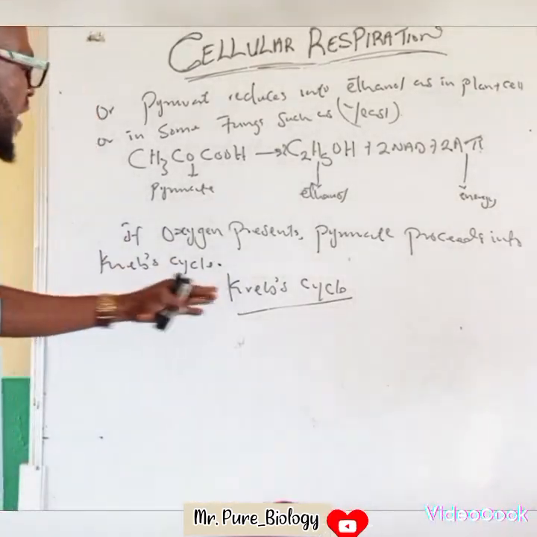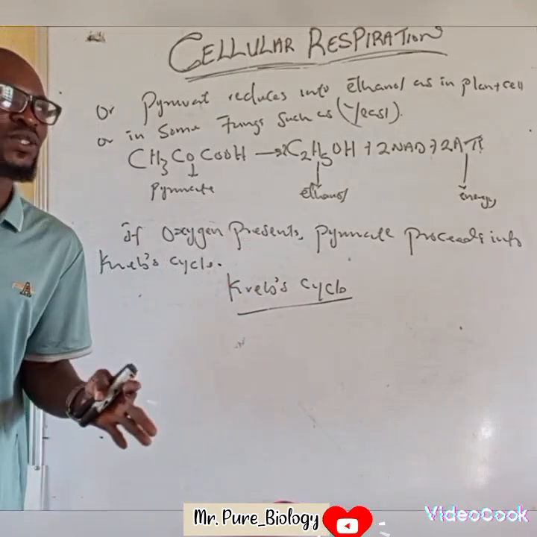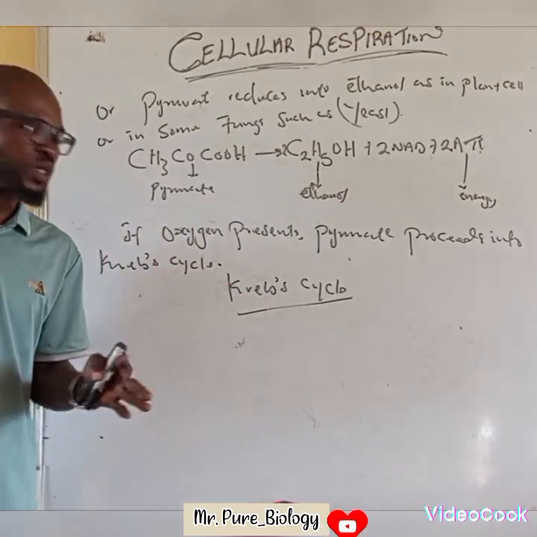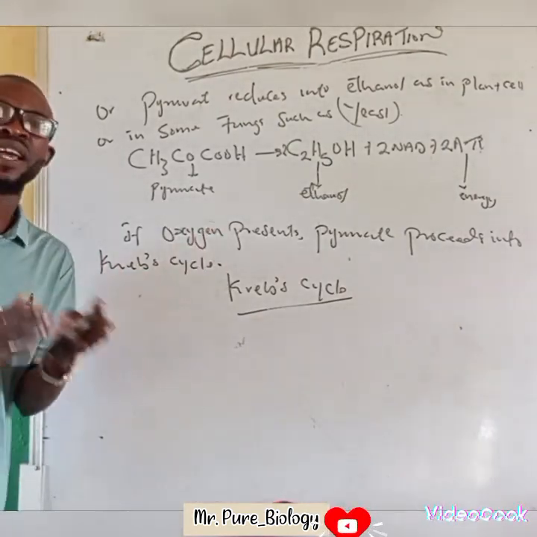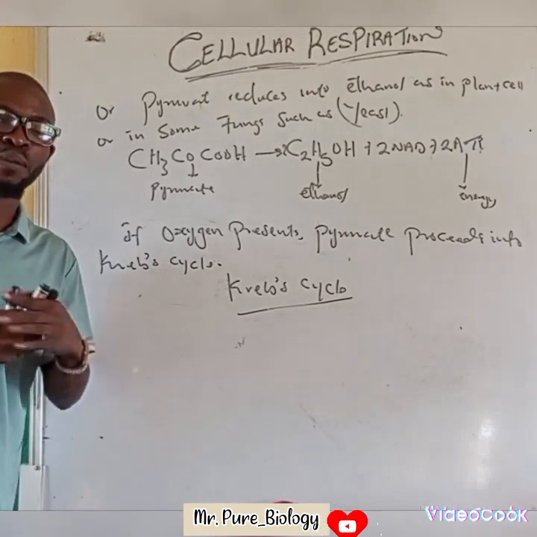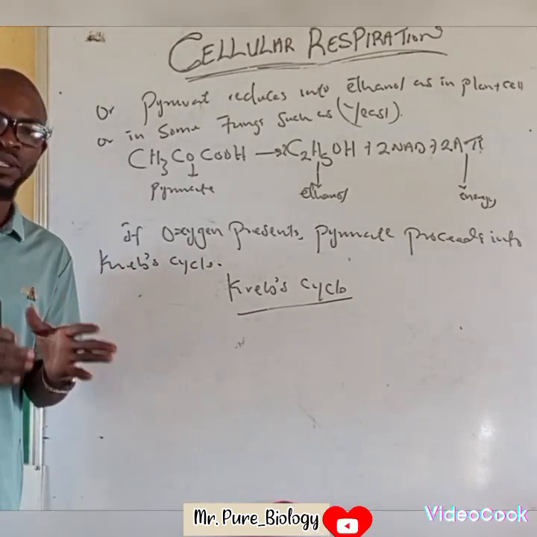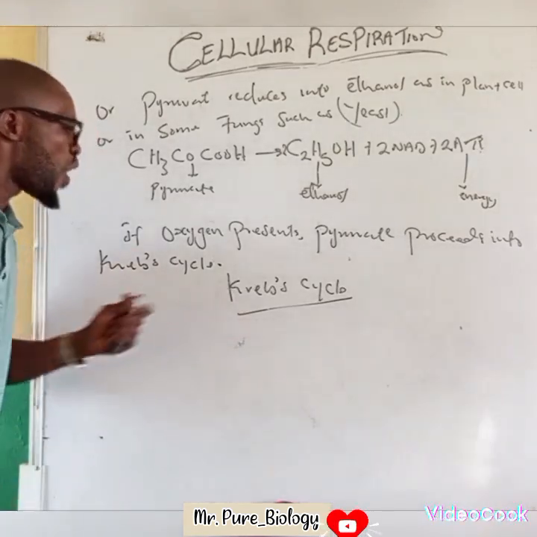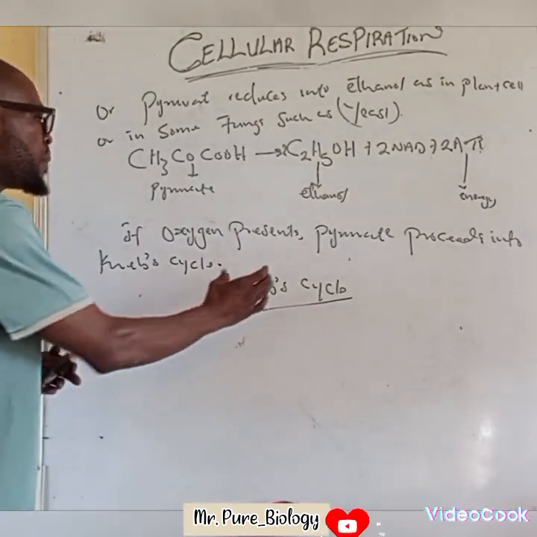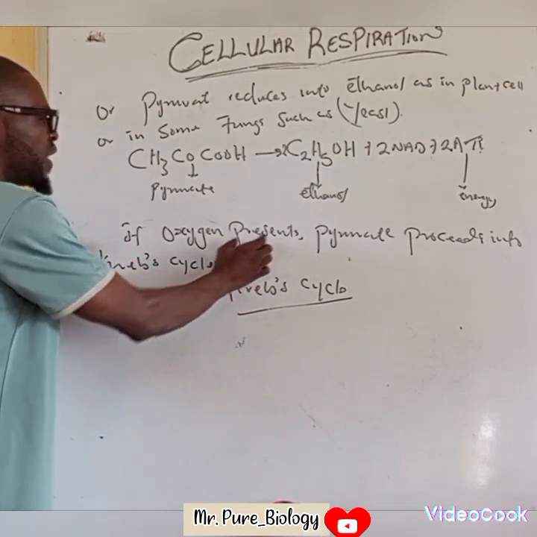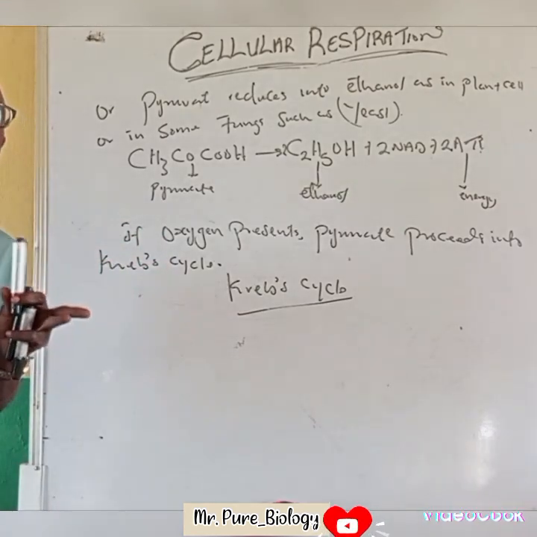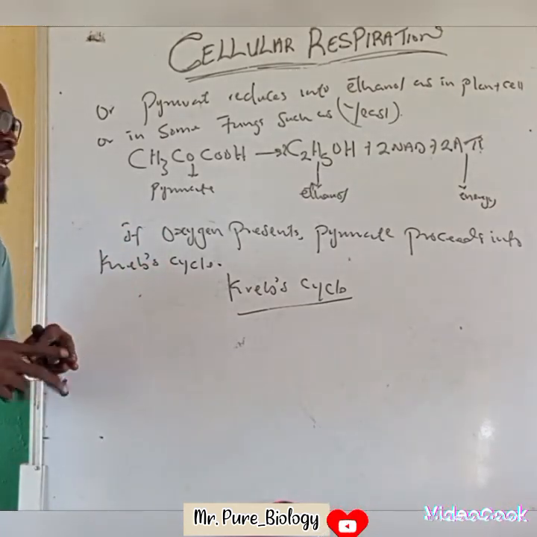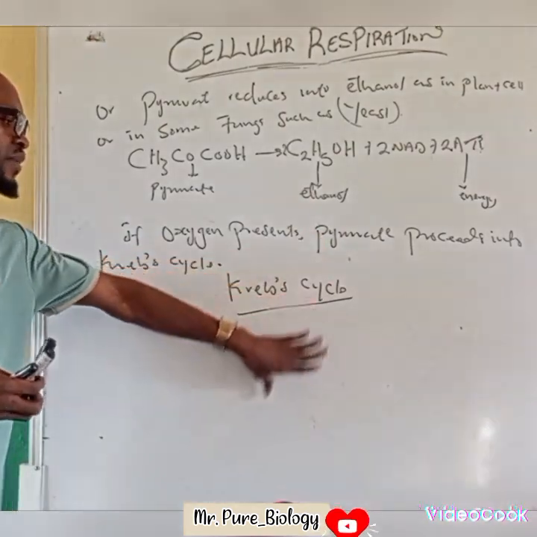Now, Krebs cycle is the second stage of aerobic respiration, in which the pyruvate that is formed as a result of glycolysis is finally oxidized to produce carbon dioxide, water, and a certain amount of energy. But before the pyruvate enters into Krebs cycle, it has to undergo a chemical reaction, because it doesn't just enter like that.